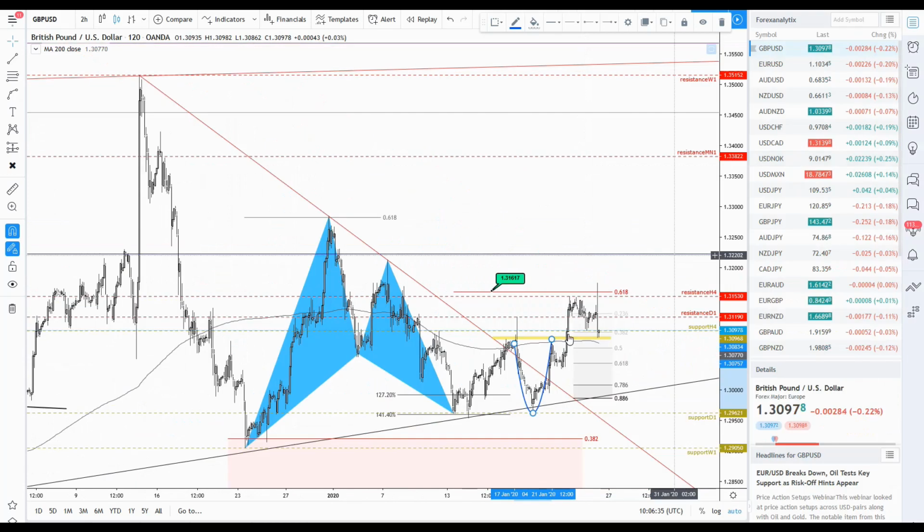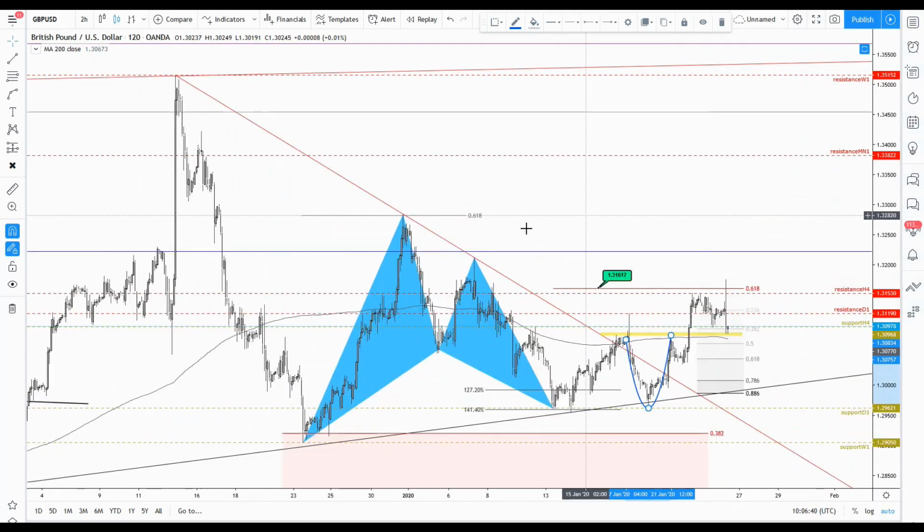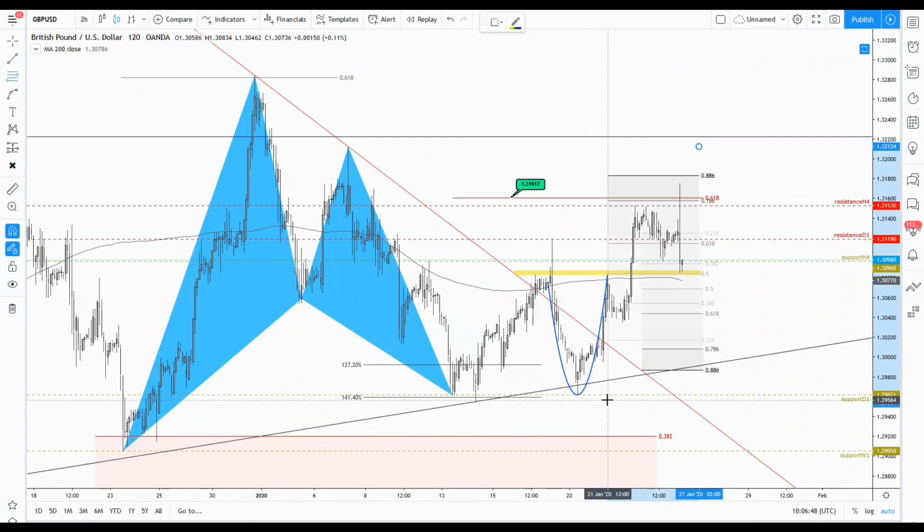For the cable, at this point we can start to project patterns above, and actually the market has already printed that pattern. I need to put a Fibonacci retracement here.